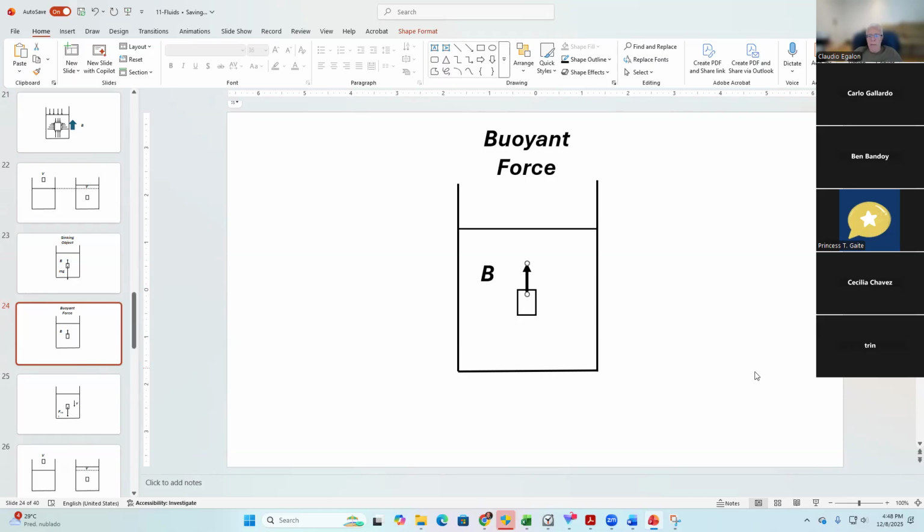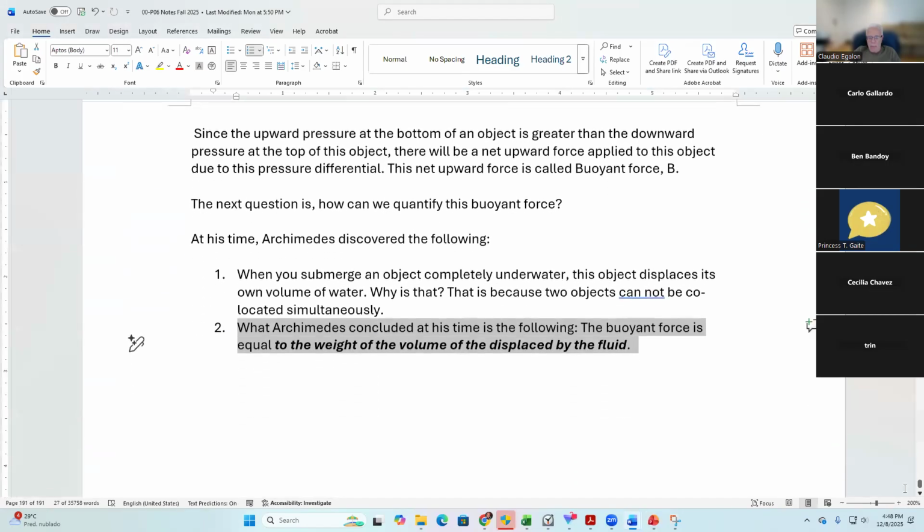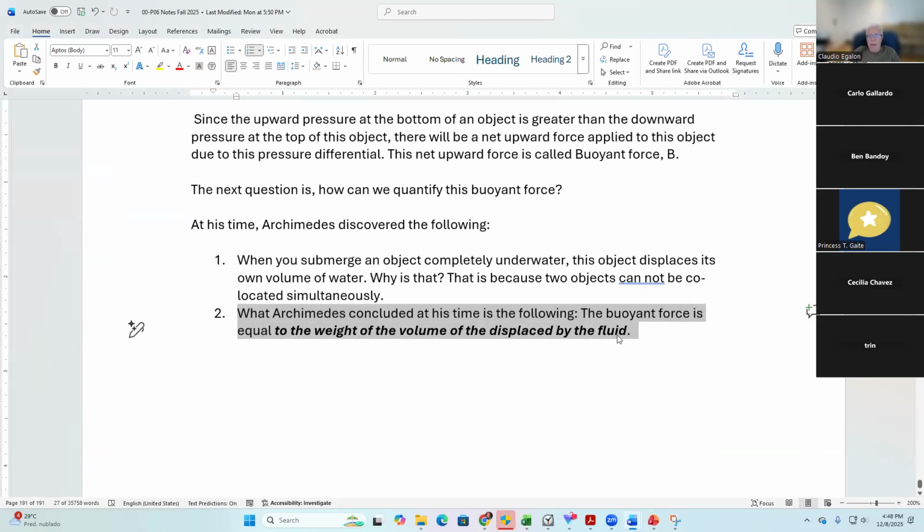That's something that Archimedes discovered at that time. At that time it was considered a law, okay? But today we can derive it mathematically. So what Archimedes concluded in his time was the following: the buoyant force is equal to the weight of the volume of the displaced fluid. Okay?